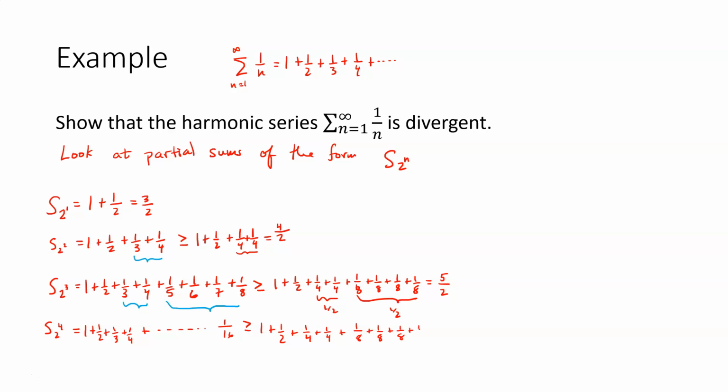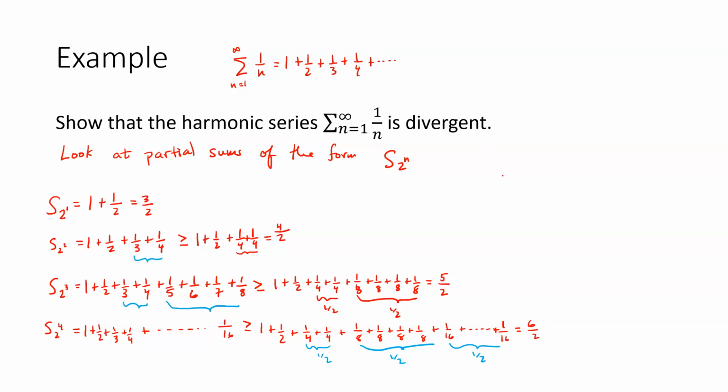And then all the ones after that I'll replace with 1 over 16. And there will be exactly 8 of those terms. So this will add to a half, this will add to a half, and those 8 terms that say 1 over 16 will also add to a half. And so this will be 6 over 2.